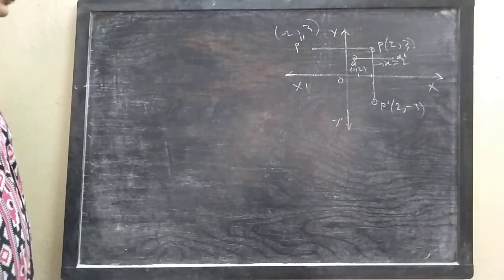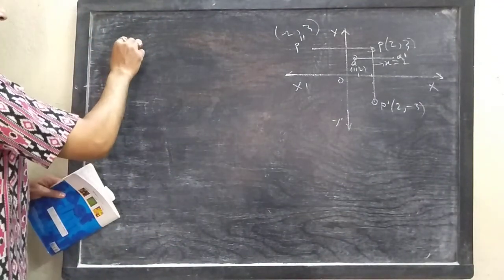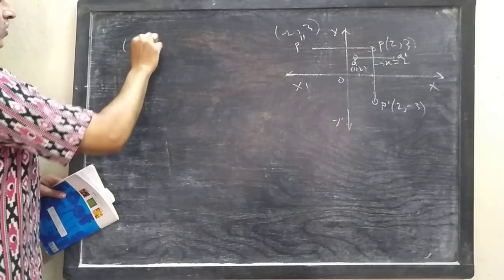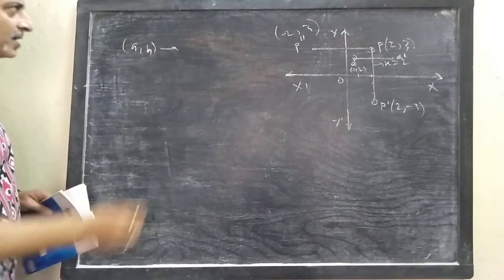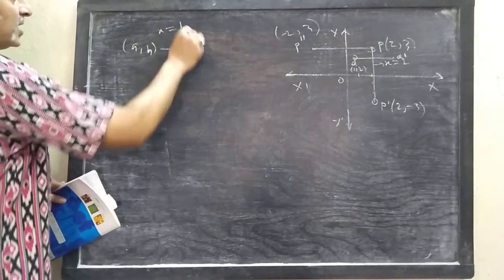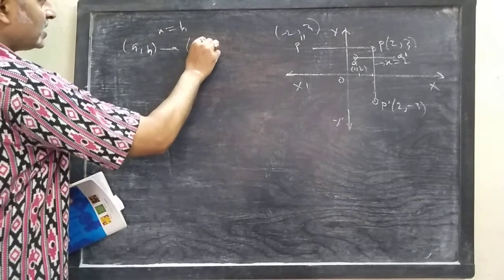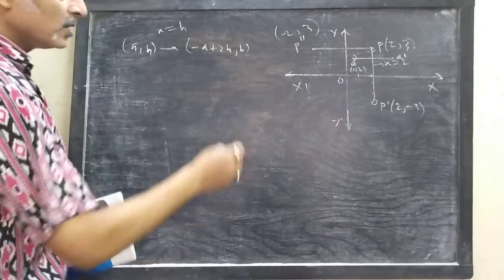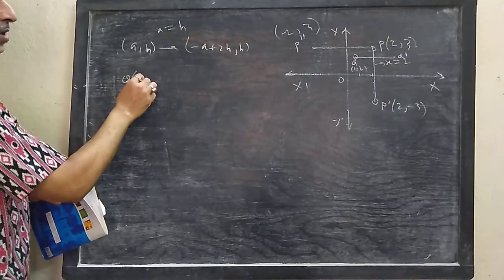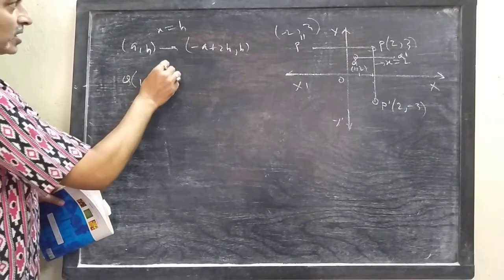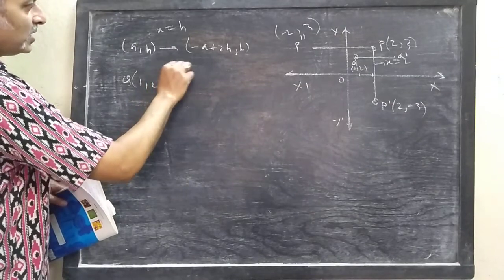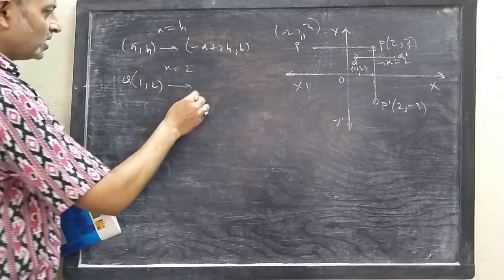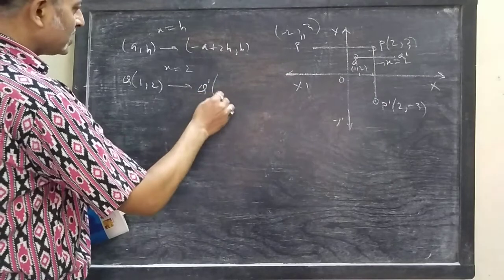So how do you get the result? Recall the formula. When a, b point is reflected in the line x equals to h, then you get image at the point minus a plus 2h, b. So here your point is Q 1, 2, and you are asked to reflect it in the line x equals to 2, then you get its image at Q dash.